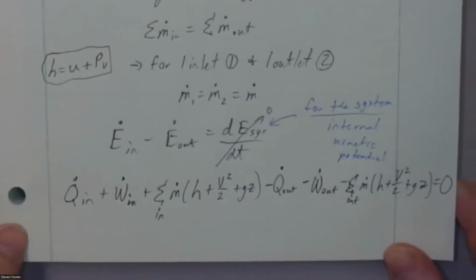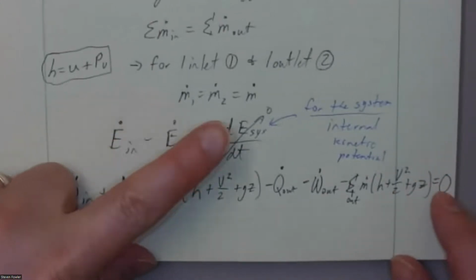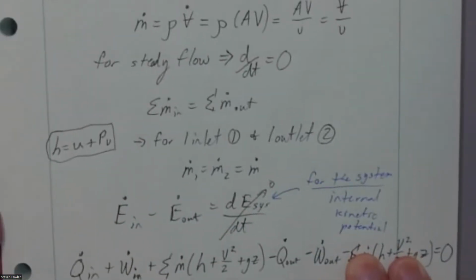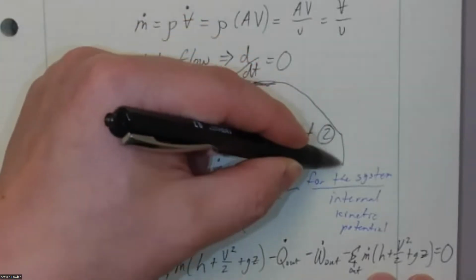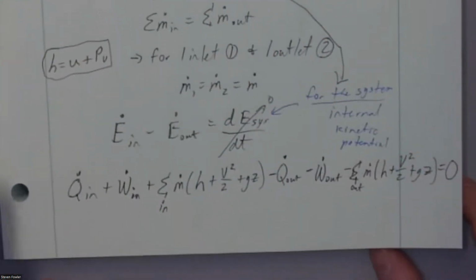Why is it 0? Because that's the change. This is the change. And we're saying if the system is flowing steadily, the system itself is not changing its internal, kinetic, or potential energy.